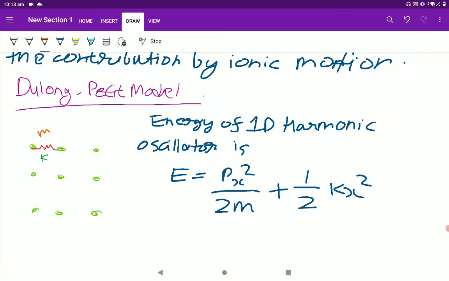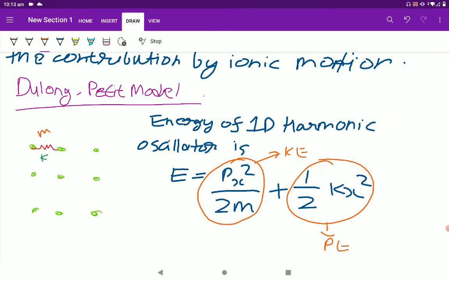This is the kinetic energy term, and this is the potential energy term.